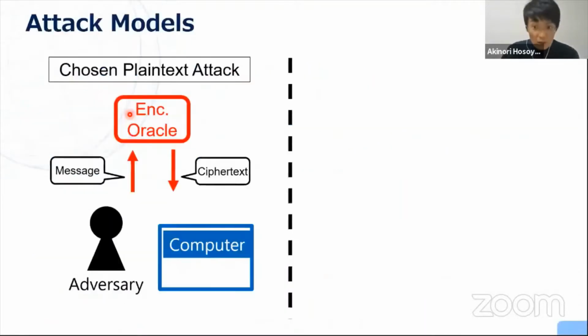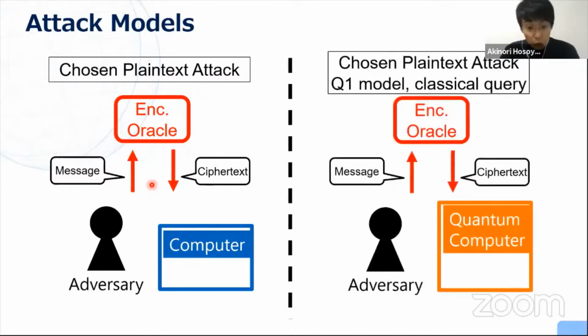So first, I'd like to explain our attack models. This picture illustrates the classical model of chosen plaintext attack. There is an adversary who has a computer, and there is an encryption oracle. In the quantum setting, the computer is replaced with a quantum computer, and this model is called the Q1 model.